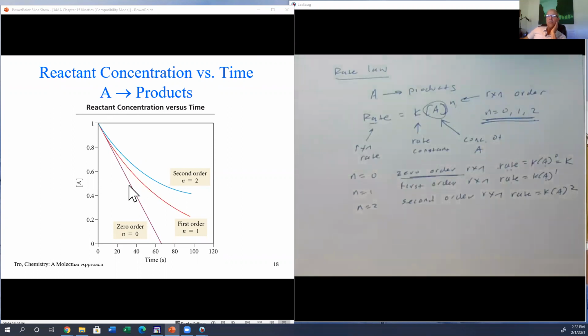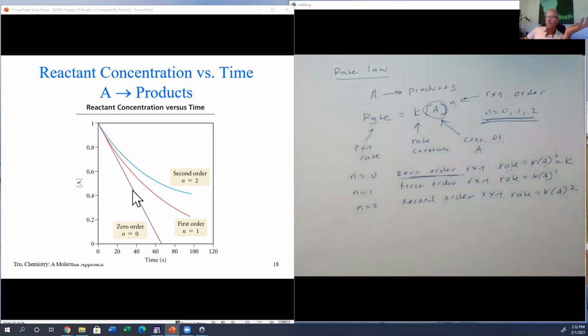Also know that the rate, or the change in the concentration with respect to time, is equal to the slope of that line, right? So what do you notice about the slope of this line for a zero order reaction? It's linear, right? The slope doesn't change. So that tells you that the rate doesn't change, right? Notice as the concentration of A drops, the rate's the same, right? Because for a zero order reaction, the concentration doesn't affect the rate.